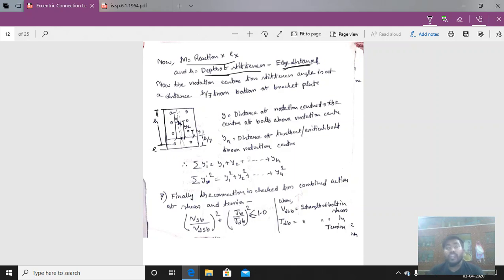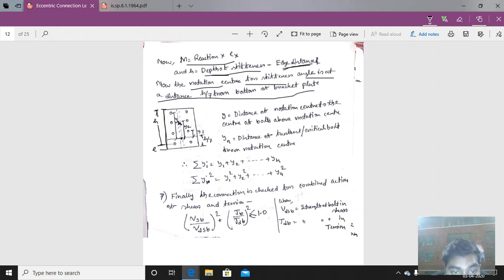Now the rotation center. As the tensile force and the moment are acting in the stiffener angle, we take the rotation center, that means where the moment will act. That is the very important part. It will be positioned at a distance h by 7 from the bottom of the stiffener angle. That means the rotation center for the stiffener angle is at a distance h by 7 from the bottom of the bracket plate.